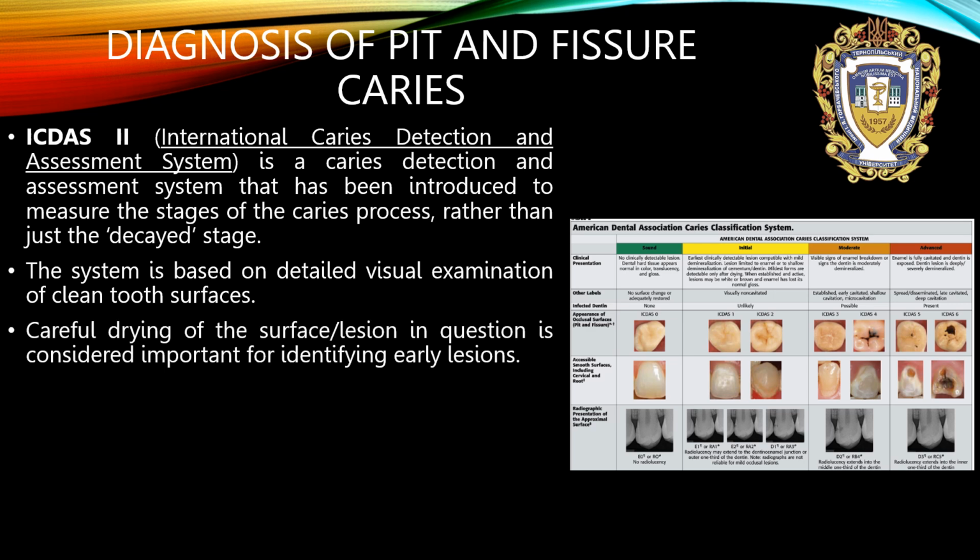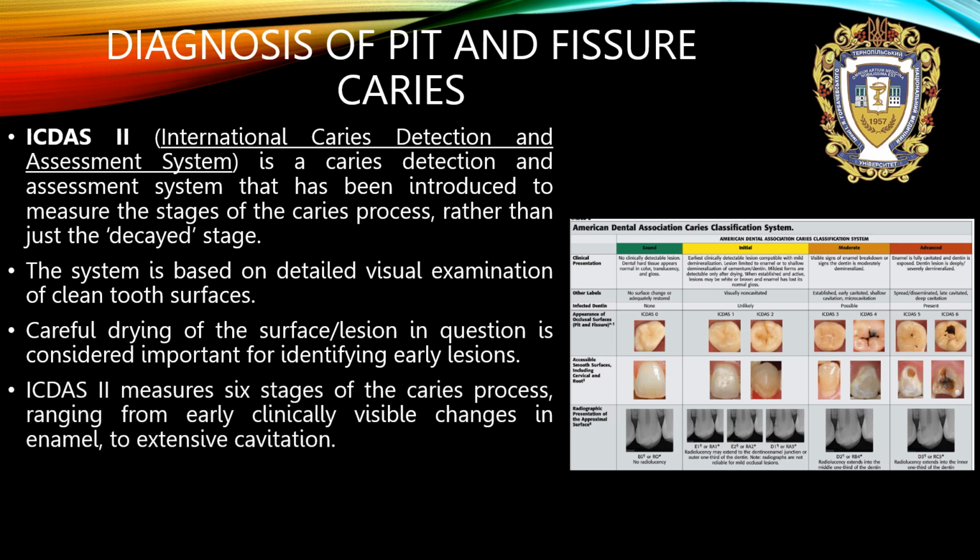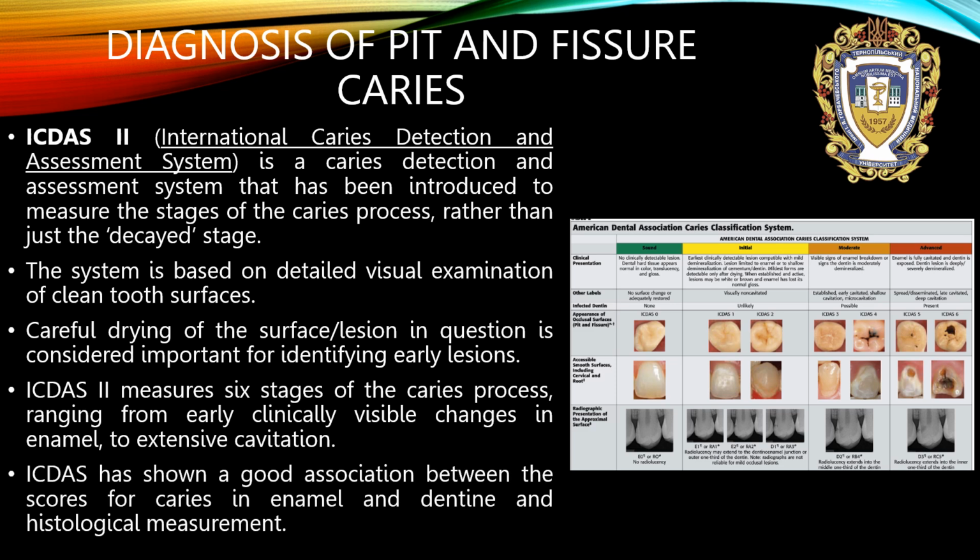Careful drying of the surface of the lesion in question is considered important for identifying early lesions. This system measures 6 stages of the caries process, ranging from early clinical visible changes in enamel to extensive cavitation. And this system has shown a good association between the scores for caries in enamel and dentine and histological measurement.